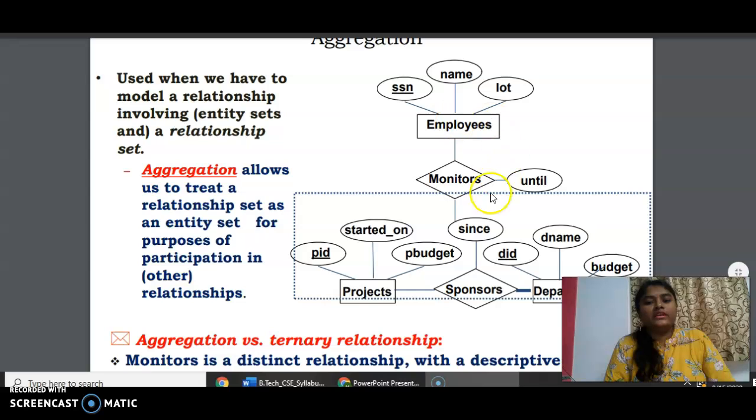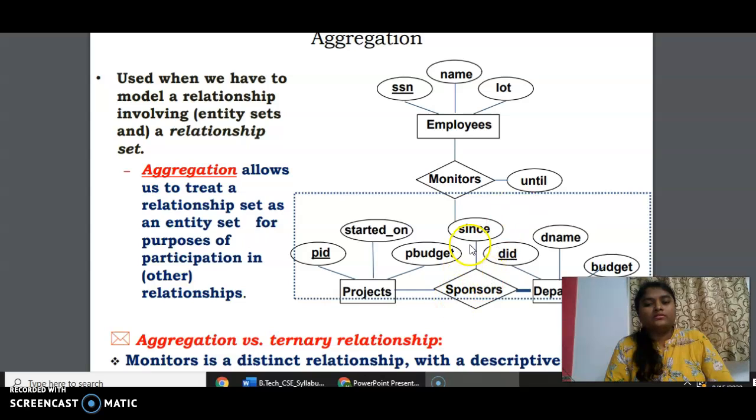When I give an attribute to a relationship, this type of attribute is known as a descriptive attribute, right? So since and until specify some dates, and these are known as descriptive attributes. Descriptive attributes are those that describe a relationship.